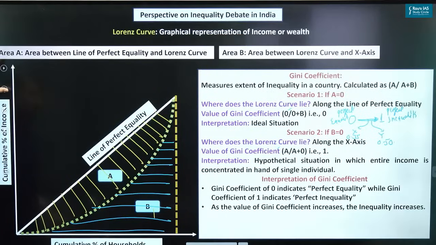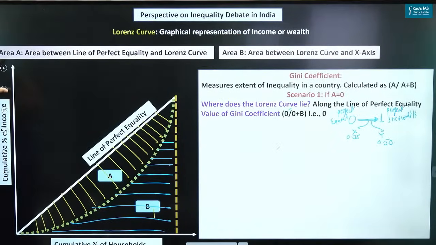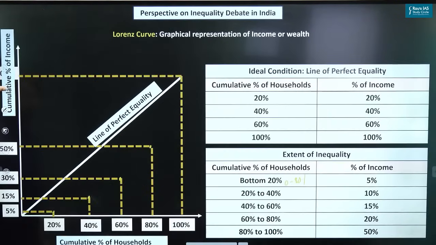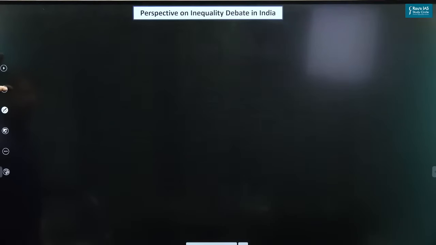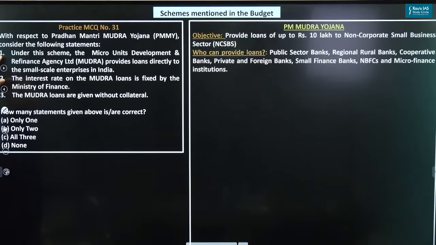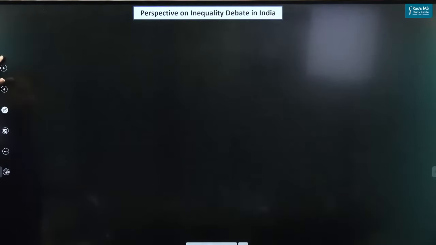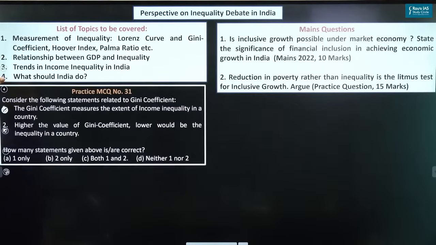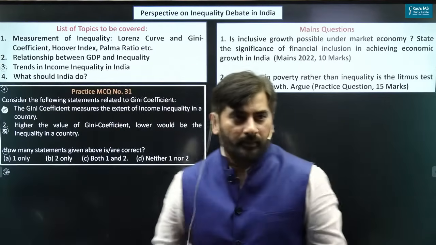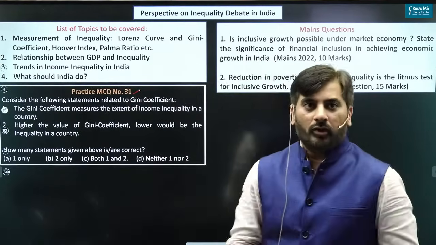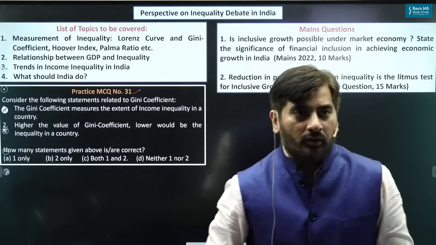Okay, now based upon this, let's quickly look at the practice questions. Then we'll discuss the main solar part. Please have a look at question number 31.